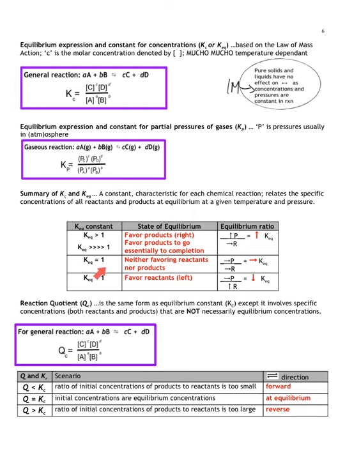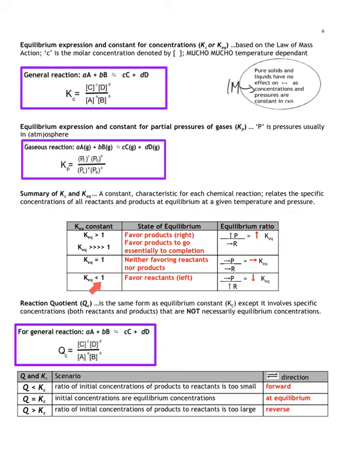If the Keq is 1, that means at equilibrium there's roughly an equal amount of products and reactants. All of these are equilibrium states except for the really big greater than 1 situation. So at equilibrium, you have equal amounts of both products and reactants, and that's why you have a Keq of 1.